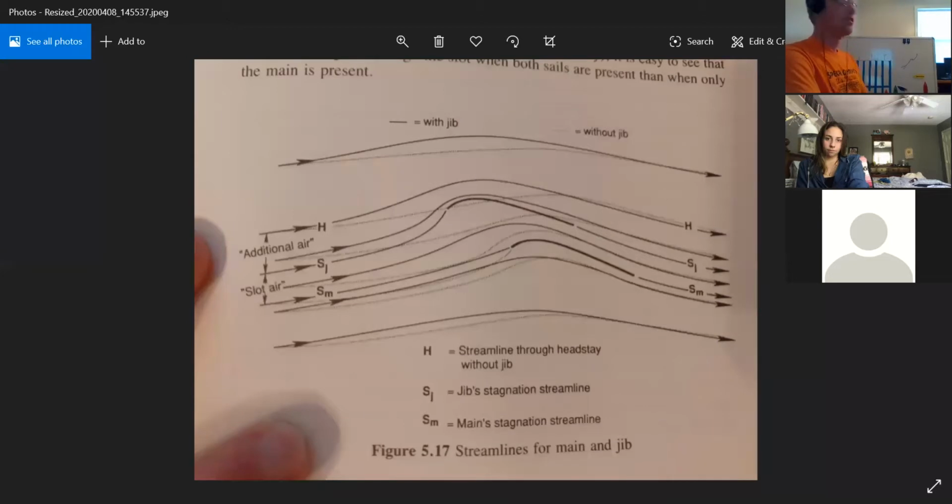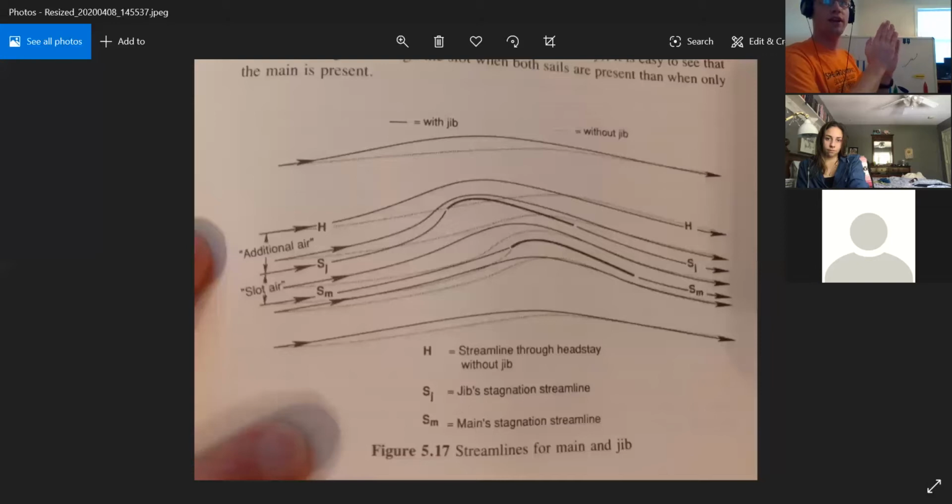But what that means is if we have air going through the slot more slowly, then in theory we do have a little less lift over this mainsail than we could. But when we get to the end, this air is going slower than it would have otherwise. That means we're less likely to stall. If we remember talking about the boundary layer yesterday, right at the sail the air touching the sail has friction, it sticks, it doesn't move.